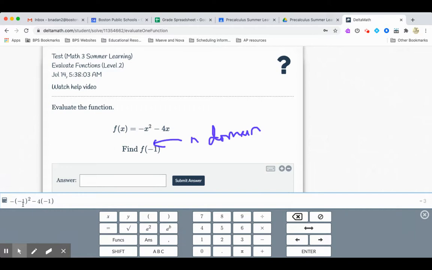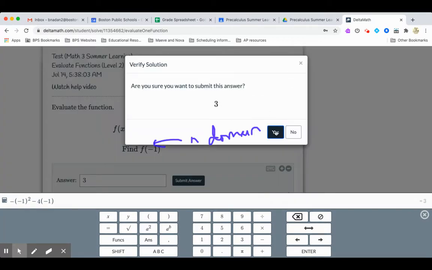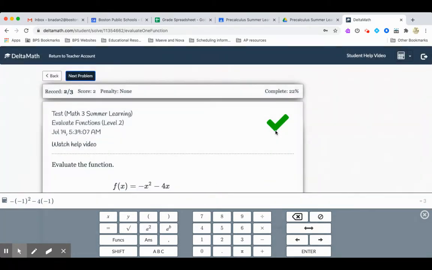And if you didn't put it in parentheses, your calculator would evaluate it as -1. But as you know, the square root of -1 is an error. It's an imaginary number. So you wouldn't be expecting -1 to be in the range, because -1 is something you can't square root, because that's the inverse of that. Anyway, the answer is 3. And then you would submit the answer. The answer is a number in the range.